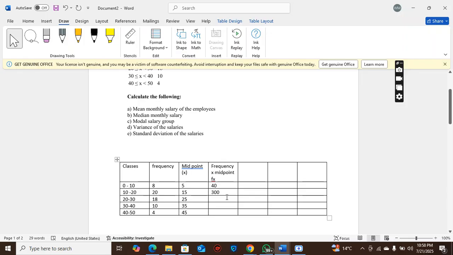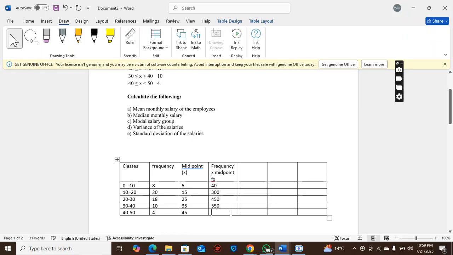20 times 15. 18 times 25. Here 10 times 35, 350.